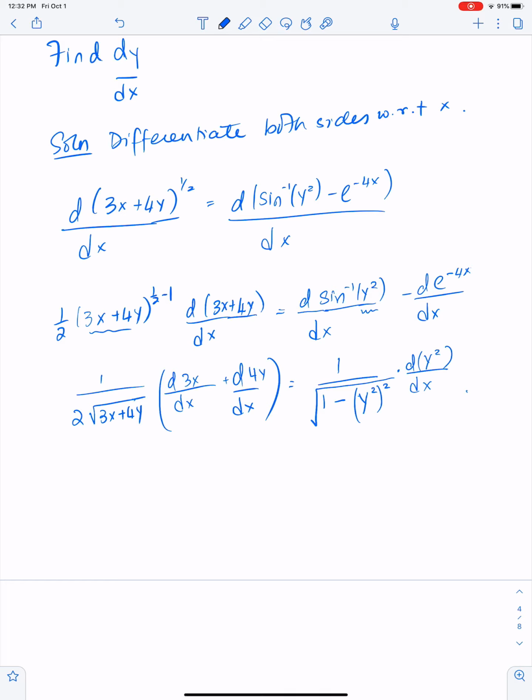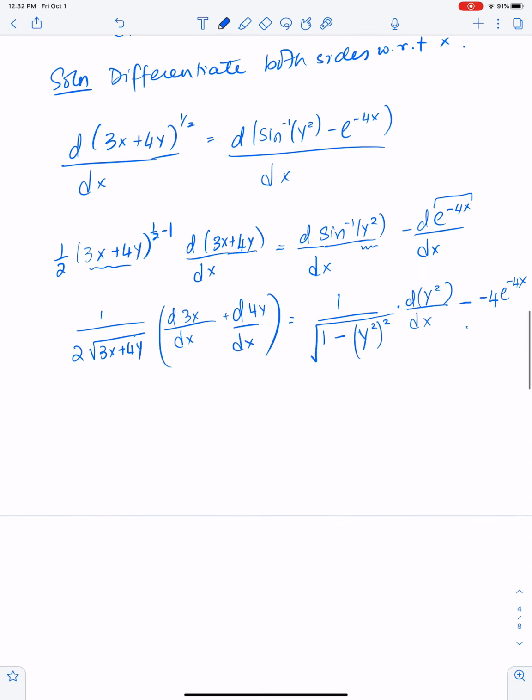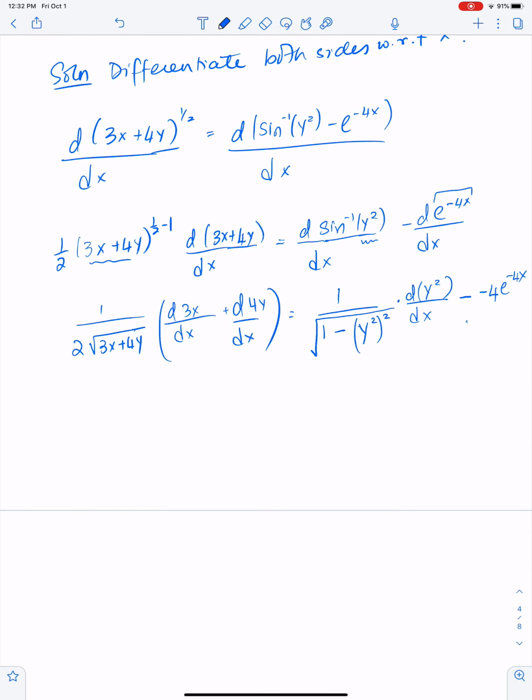And then minus, what's the derivative of e to the minus 4x? It'll be minus 4 e to the minus 4x. Okay, let's put this together.